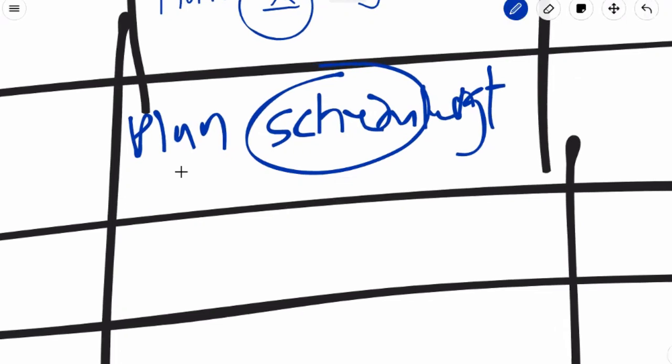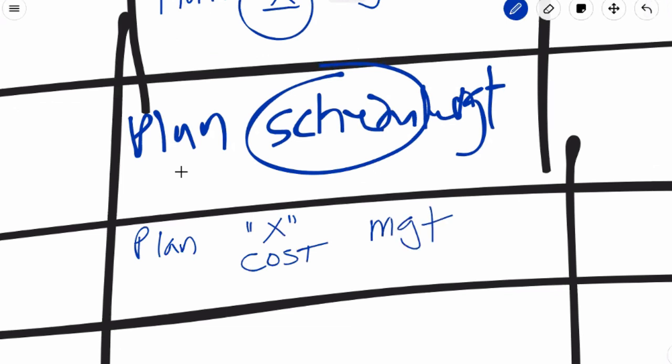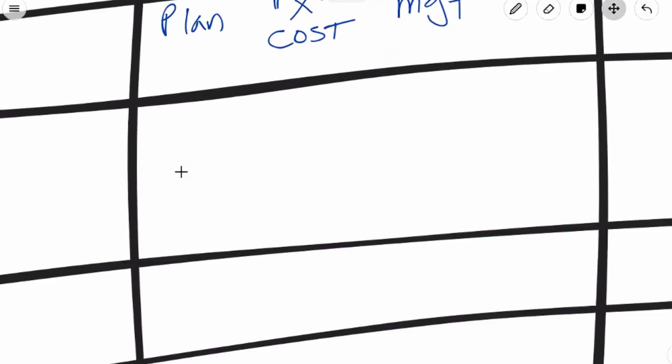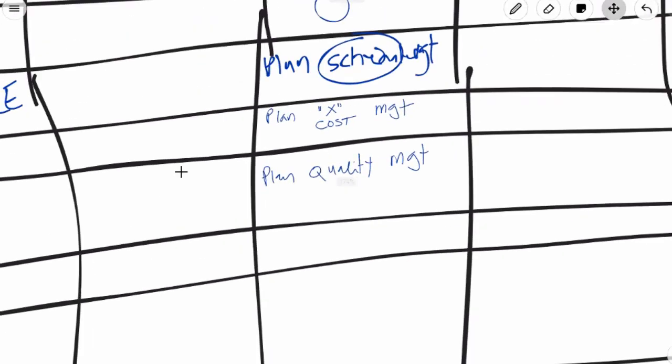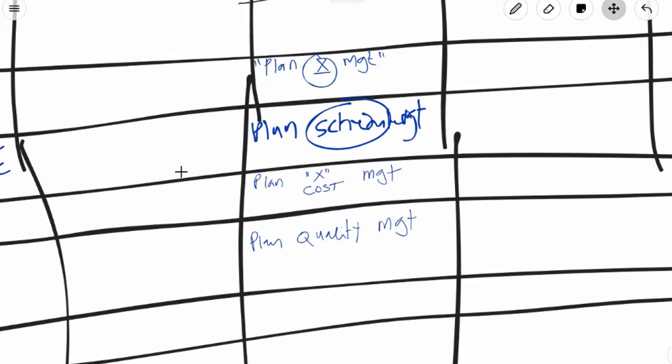The same thing for cost. Plan cost management, where cost is the X. Same thing for quality. Plan quality management. You see, they all follow that configuration where a subsidiary plan is being developed.